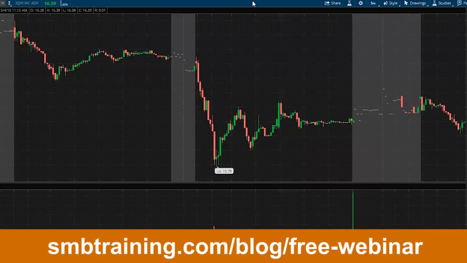So one of the reasons to exit is a puking action. You see a movement away from price that's much larger than anywhere else. So in this case, you get a move from 16.50 all the way down to 15.85, which is a larger move away from price than we had seen at other times. So it's a larger distance. And then you get an increase in volume. That's a puking action.